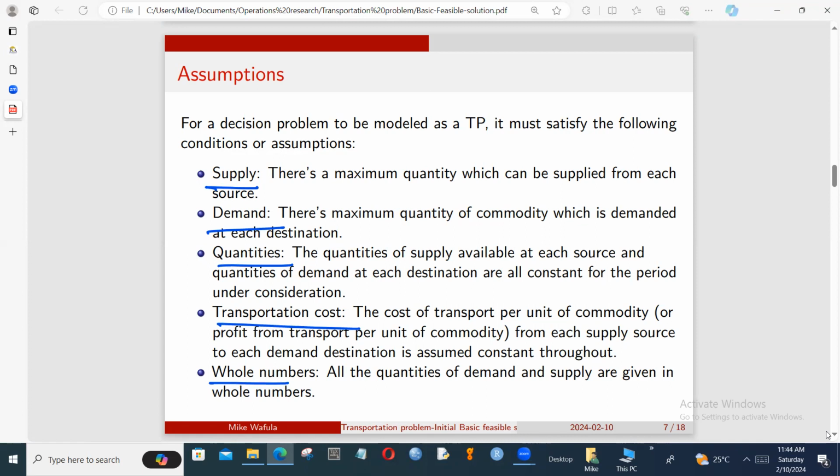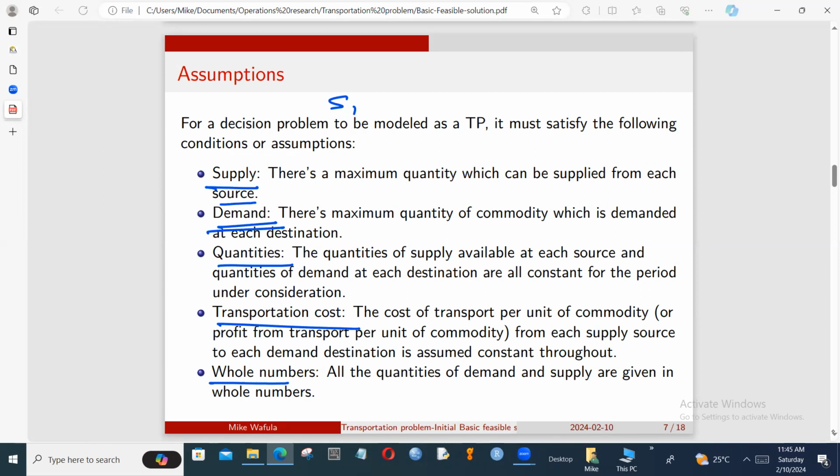For supply, there must be a maximum quantity which can be supplied from each source. Each source, you must be able to know how much it is able to supply before we begin applying this, so that we have a fixed figure that is a whole number.